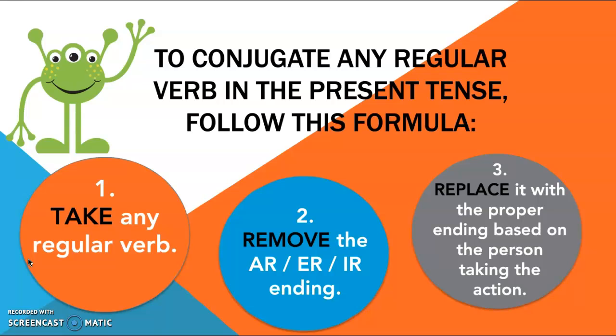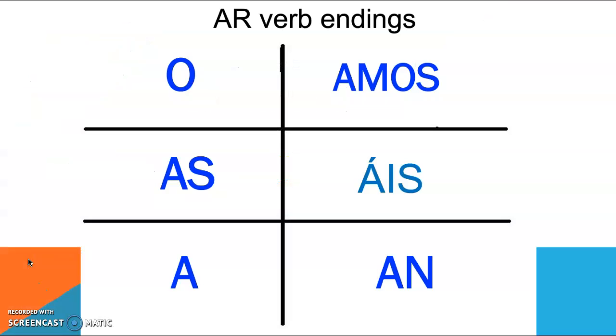So you are going to start with your infinitive. You're going to remove the AR ending. And then you are going to replace it with a different ending. So let's look at those endings. Again, this is why our subject pronoun chart was so important and I tried to stress to you guys. If our subject is yo, our ending is going to be the letter O. If our subject is tú, our ending is going to be AS.